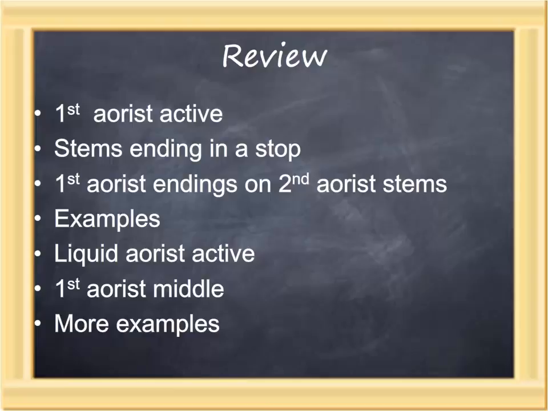Some stems end in stops, and so when combined with the sigma alpha may produce a xi or a psi or just a sigma. And on rare occasions, in some third-person plural instances, certain common second aorist verbs do take on first aorist endings, which actually helps distinguish those forms from the first-person singular.